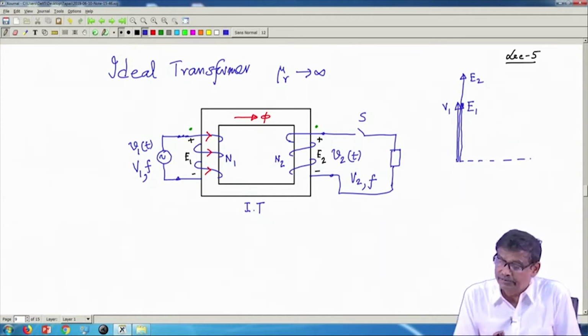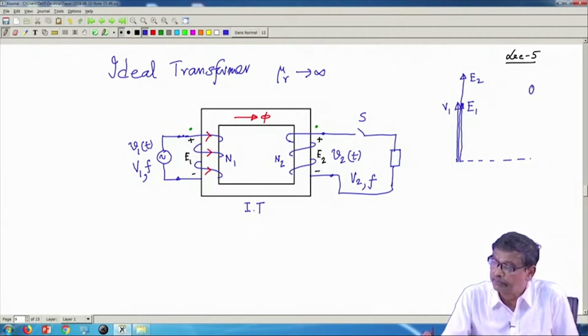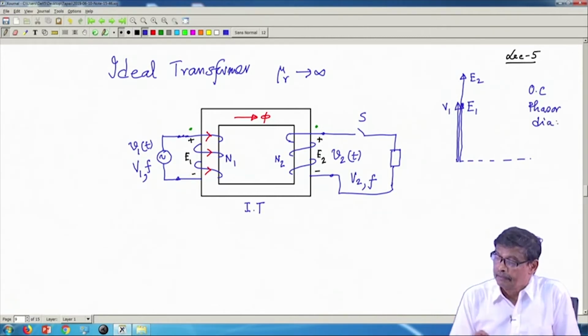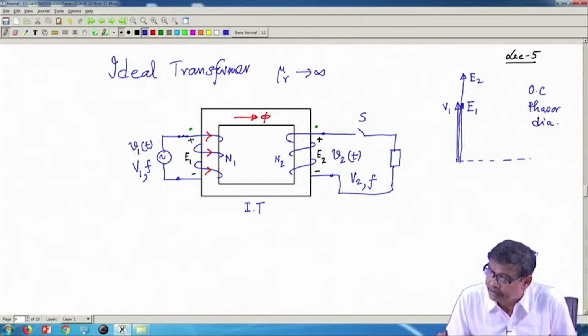And in my last class, this is the open circuit phasor diagram, OC phasor diagram. Of course, magnetizing current is 0, but flux is here, is it not? Why?